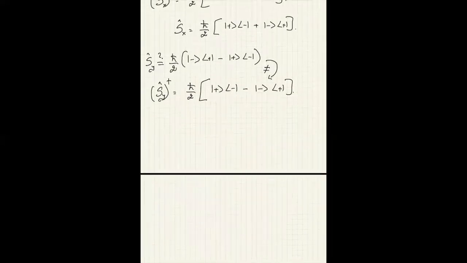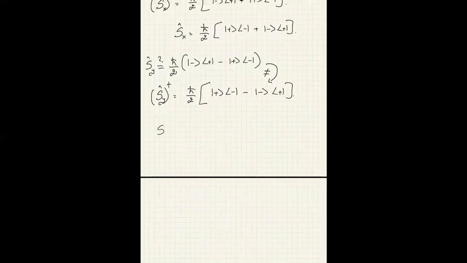Instead of constructing Sy as h bar over 2, if I construct Sy as i h bar over 2 times the same thing, minus plus minus plus, you can verify for yourself that this is indeed a Hermitian operator. When I take the Hermitian conjugate, the first one becomes the second and the second becomes the first. So there is a relative negative sign between them, but the i outside also becomes a minus i. So the minus i and the minus inside cancel. And so you can prove that Sy written this way is actually a Hermitian operator.